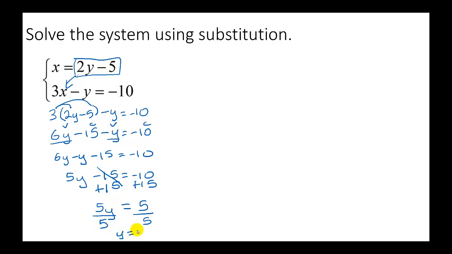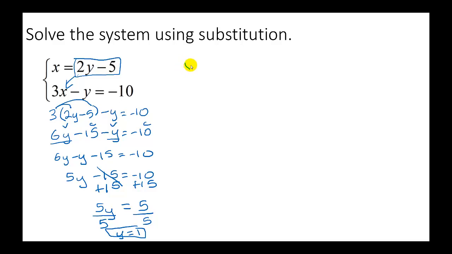So y equals 1. Now that we know what y is equal to, we can go back to our original equations and plug 1 in place of a y to find what x is equal to. It works with either equation.